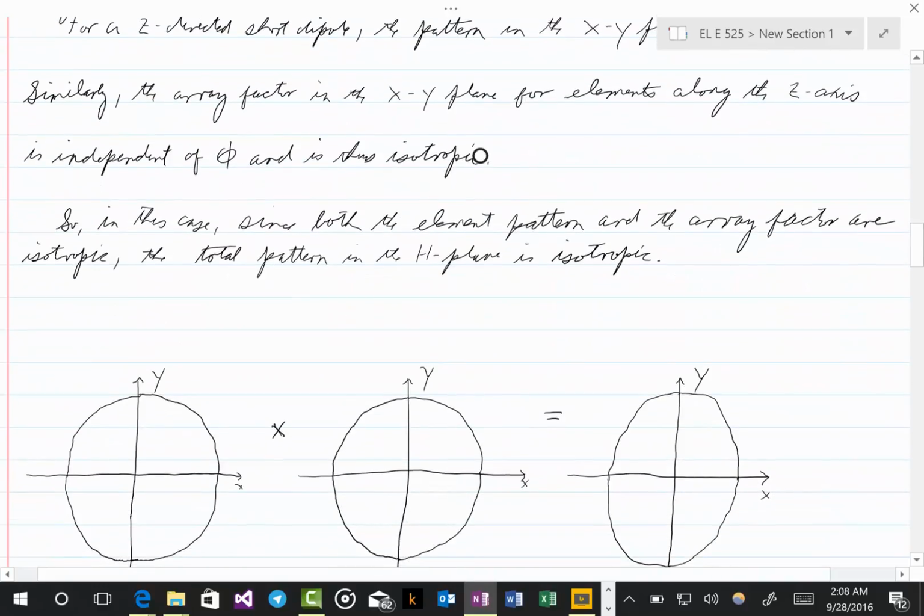And if you wanted to draw graphs, we just get our circles of radius 1 in each case, because again, the pattern is independent of phi. The element pattern is independent of phi, the array factor is independent of phi, so the complete pattern is independent of phi.